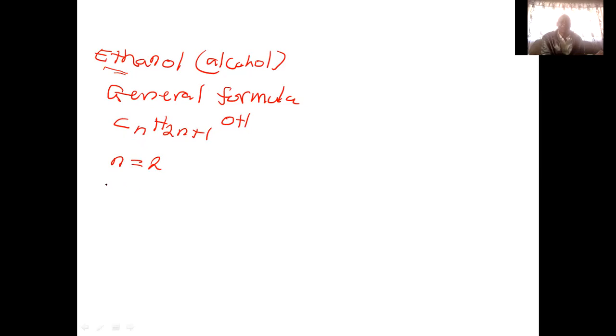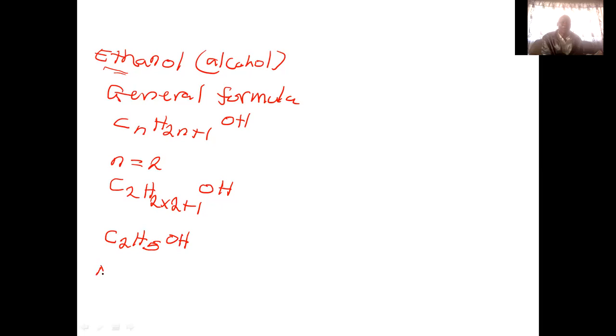And so we are going to have C2H2 times 2 plus 1, and then you add the hydroxyl group. Then it gives us C2H, 2 times 2 is 4 plus 1, 5, with the hydroxyl group.